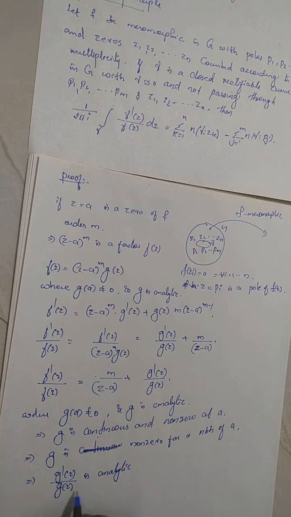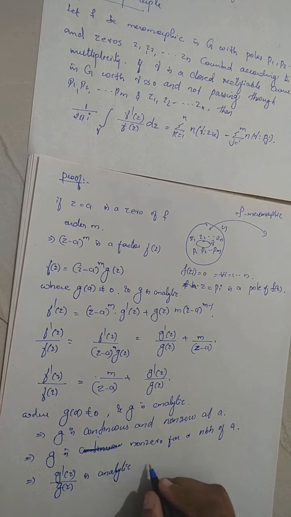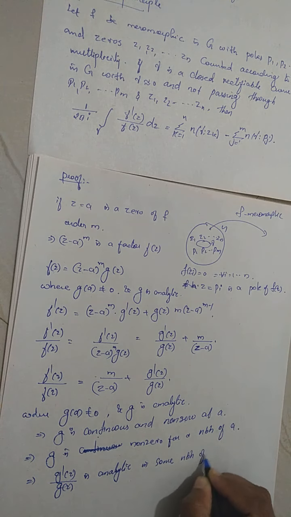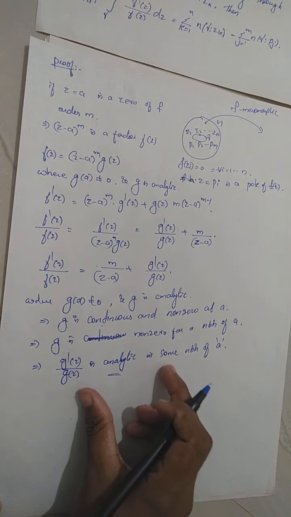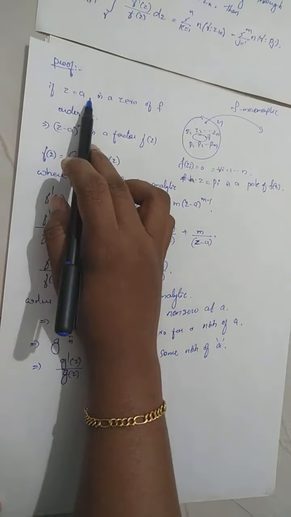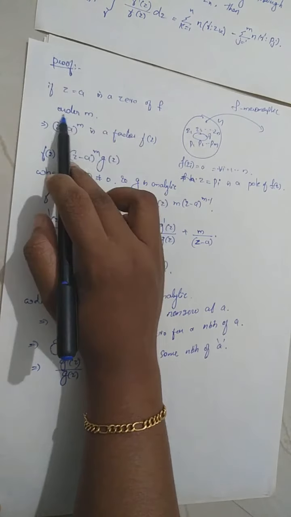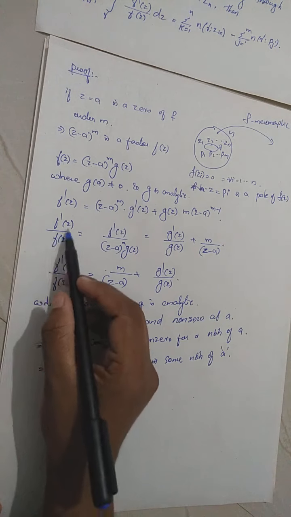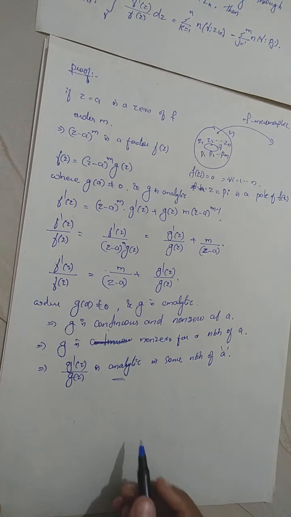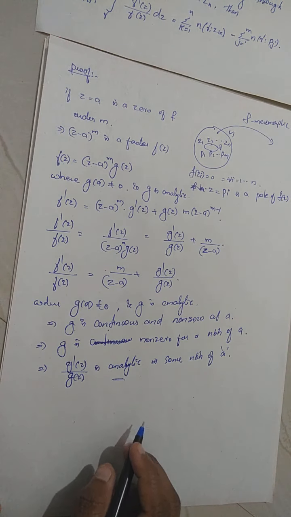Therefore g dash z by g z is analytic for the point z near a. And this is the fact for z equal to a being a 0 of the function f with order m. Now what will happen to this quotient f dash z by f z when z equal to a is a pole of f?